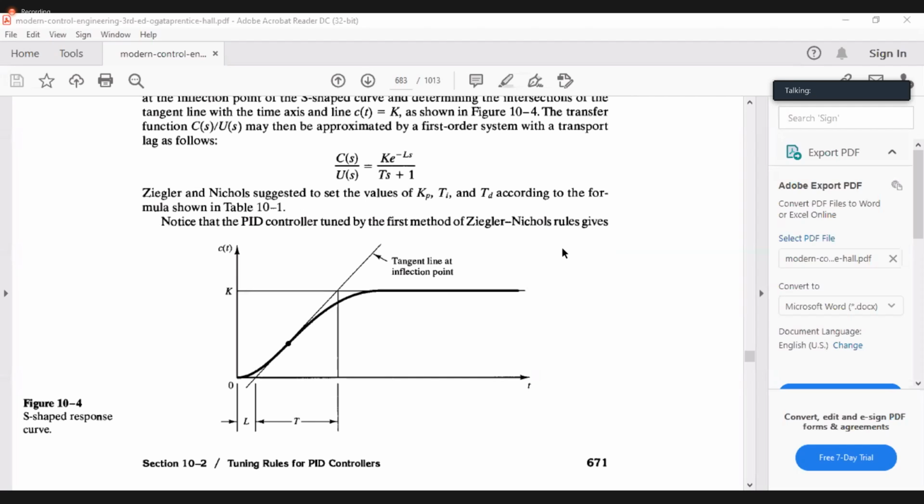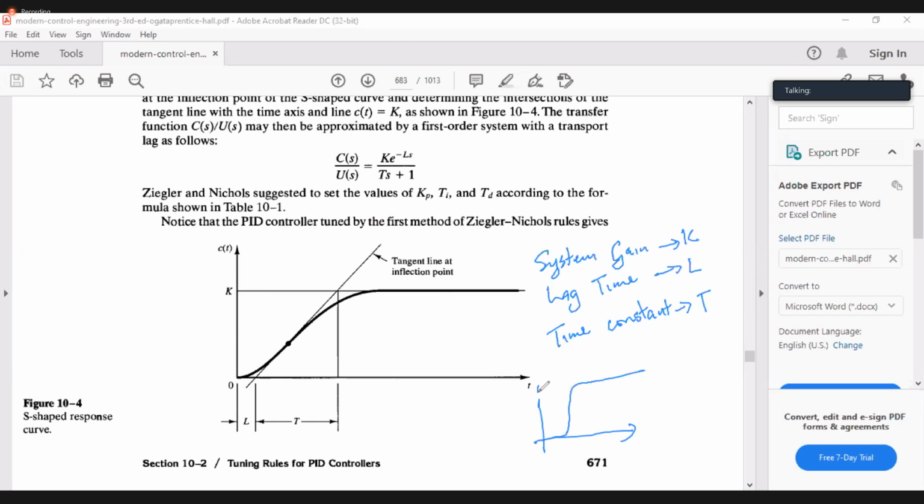the lag time, let me draw an ugly graph. Right, so we're saying system gain is K. Lag time is L. And time constant is T. A better graph.